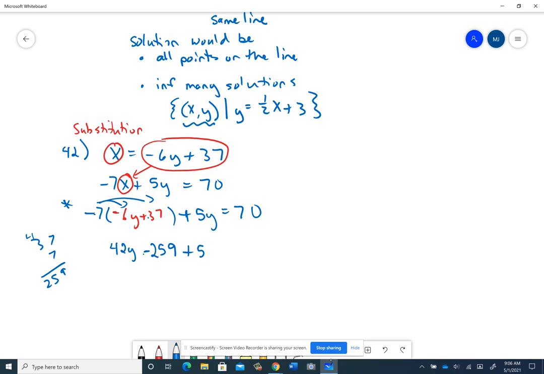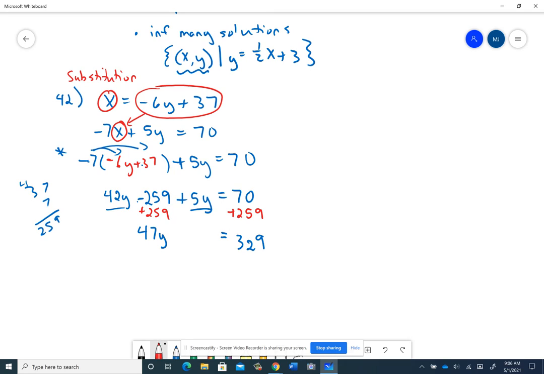Plus 5y equals 70. Okay, these are on the same side, so I'm just combining them. I get 47y. And while I'm at it, let me add that 259 to both sides to get the constant over to the right. So that would be 329.